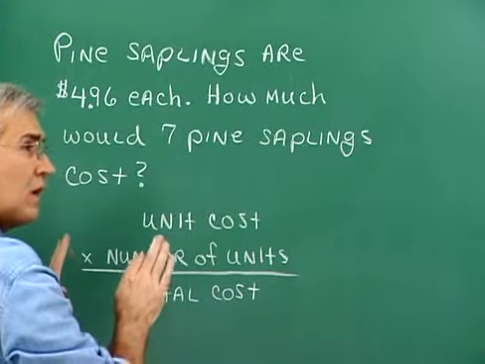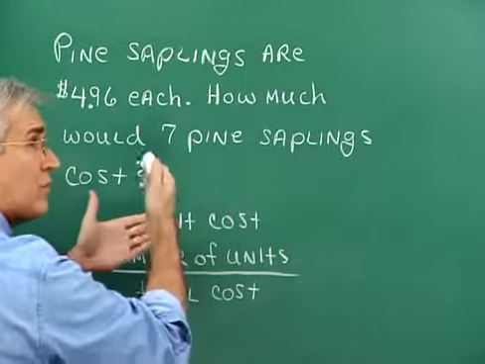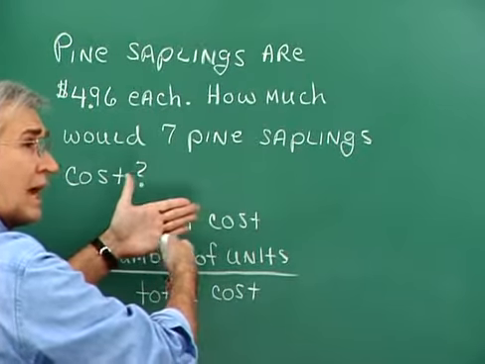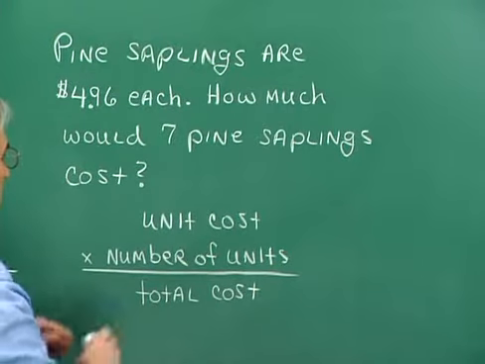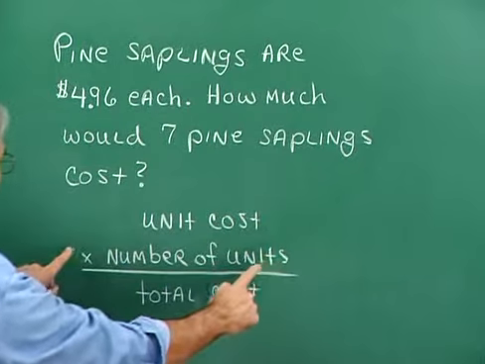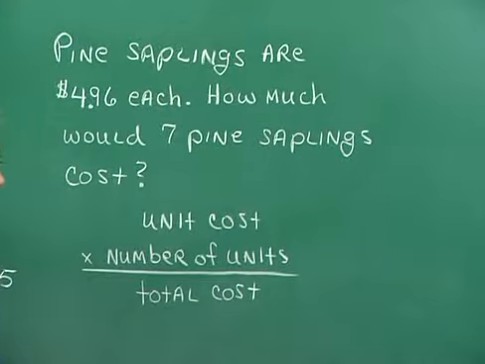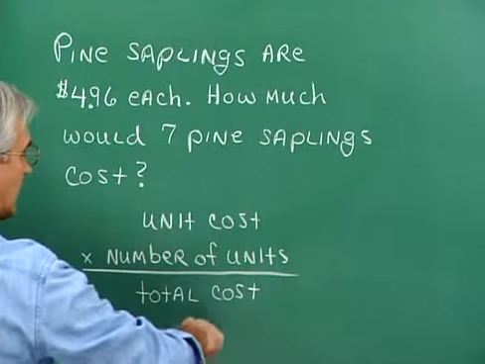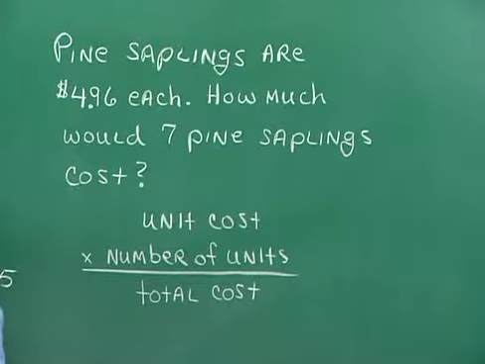A lot of times, material in stores is priced this way. You have a certain amount of money for each one, and then you want to buy so many of them. Well, how do you figure out your total cost? You take the unit cost, the cost for each one of those items, and you multiply by the number of items you're buying, and that'll give you the total cost. Now, you don't need to memorize this as a formula. You just use it as an intuitive idea.